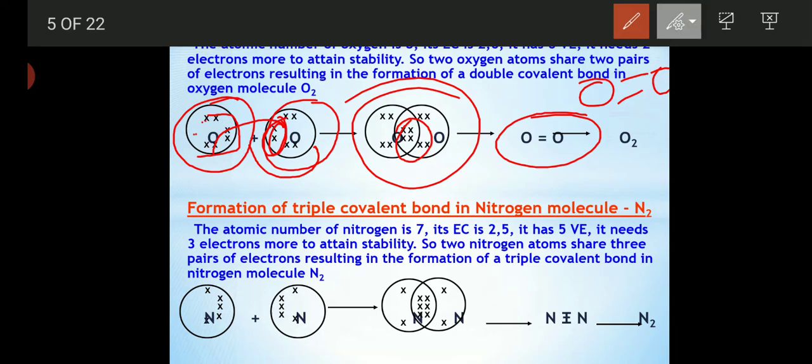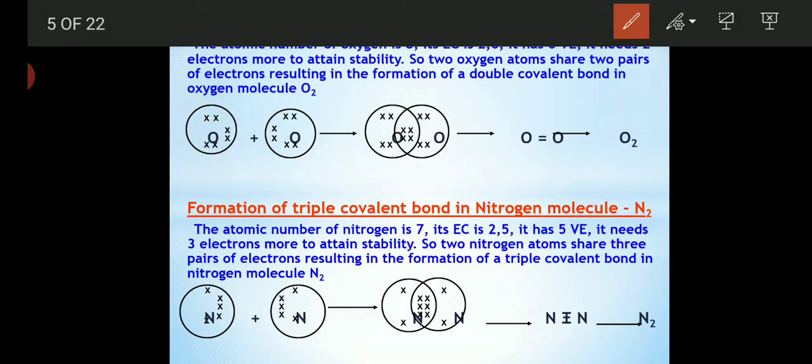Yes. The next one is the nitrogen molecule. It is also represented by N2. That means 2 nitrogen atoms share 3 pairs of electrons. Here in oxygen, 2 atoms share 2 electrons each, that is one pair of electrons. Here 3 pairs, 3 plus 3.